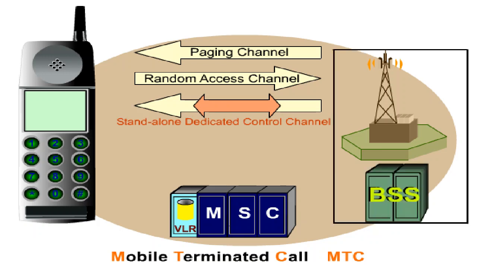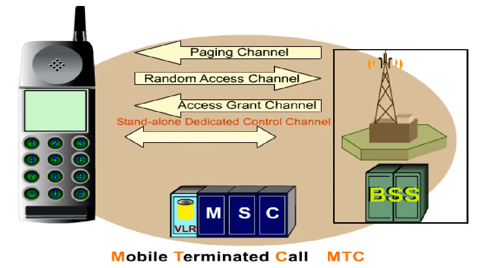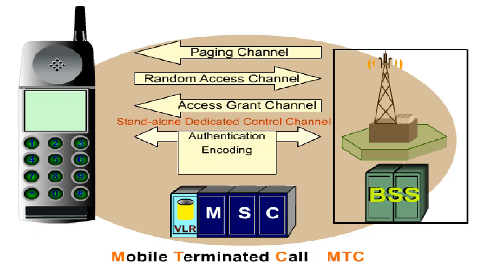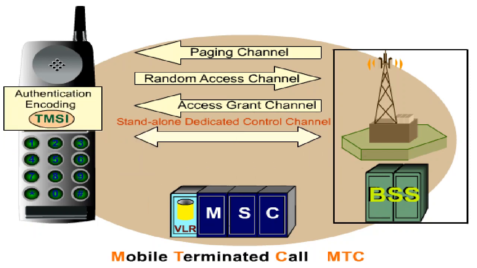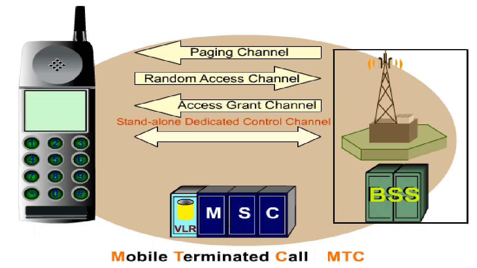This communicates with the BSS via the SDCCH, which exists both in the uplink and the downlink, until a traffic channel is allocated to the mobile station. Parameters for authentication and encoding, as well as the new TMSI, are transmitted via the SDCCH to the mobile station. If this is concluded successfully, the actual call setup is initiated.